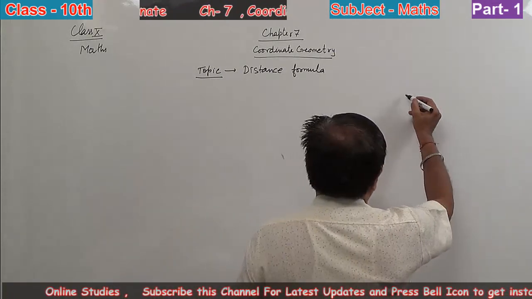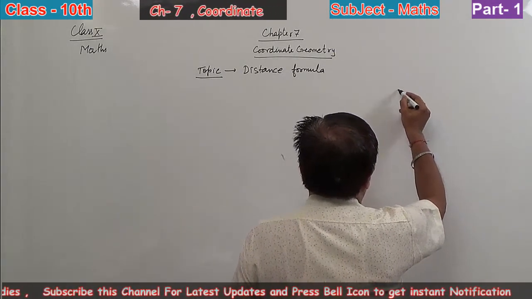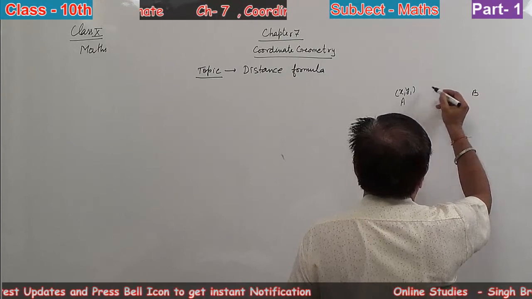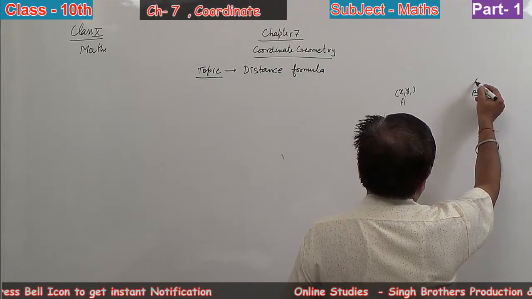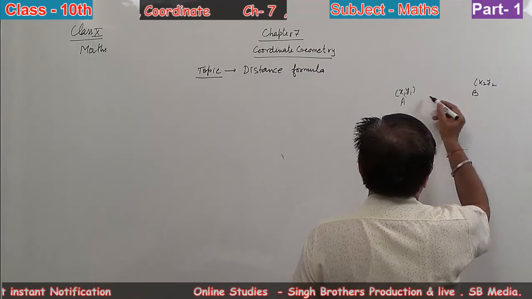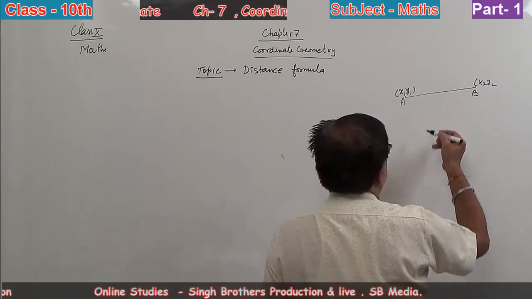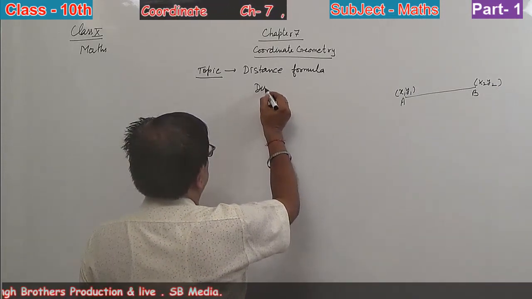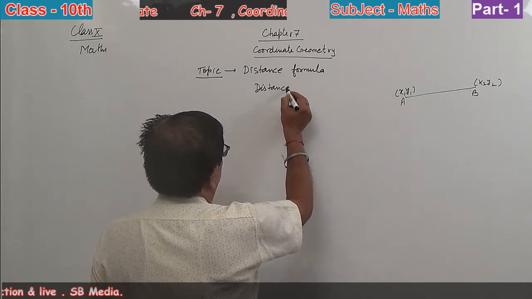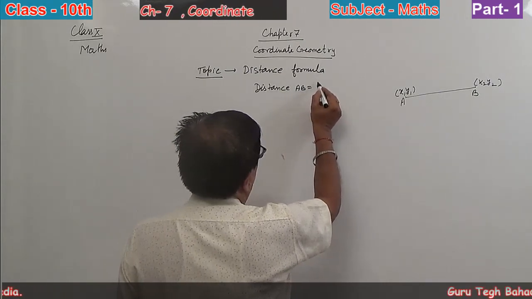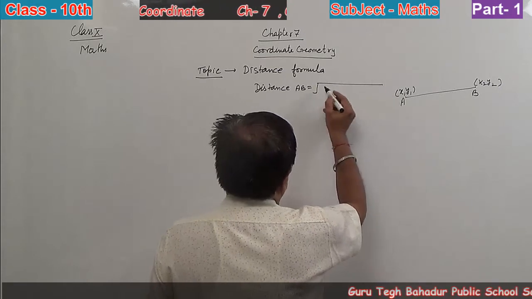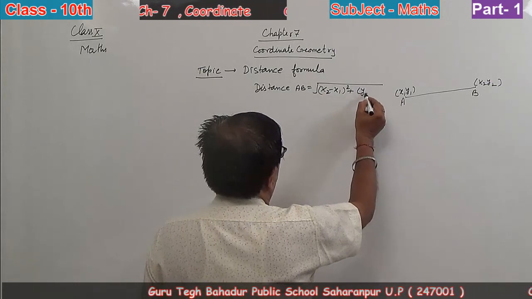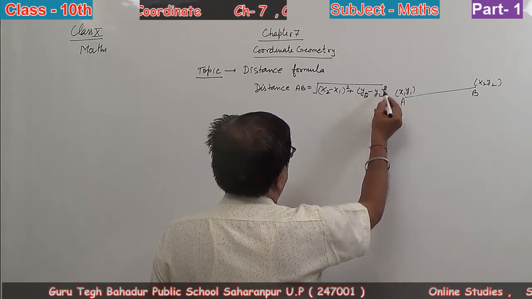Suppose A is any point whose coordinate is x1, y1, and B is another point whose coordinate is x2, y2. So distance AB is written as the square root of (x2 minus x1) whole square plus (y2 minus y1) whole square.